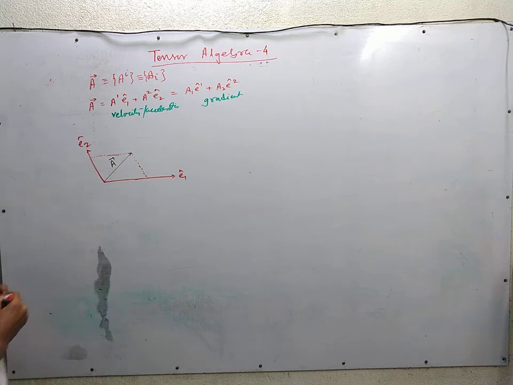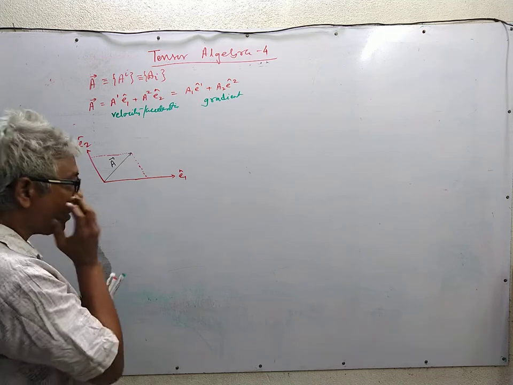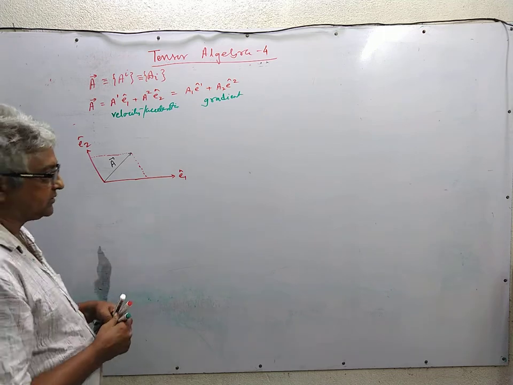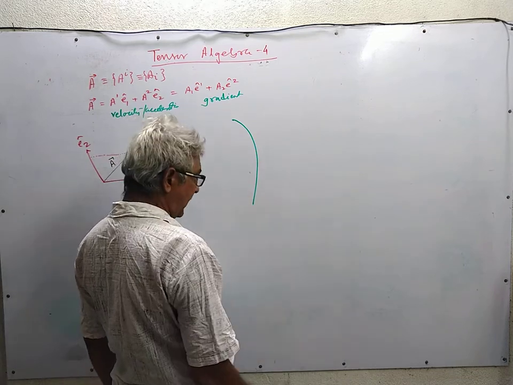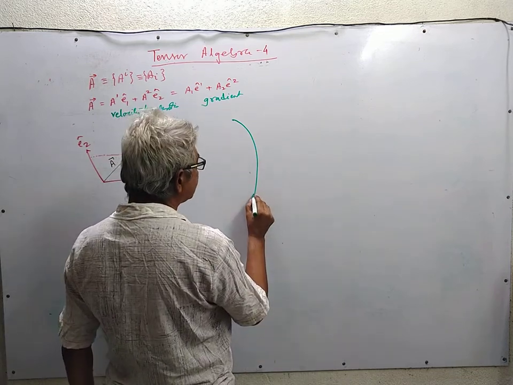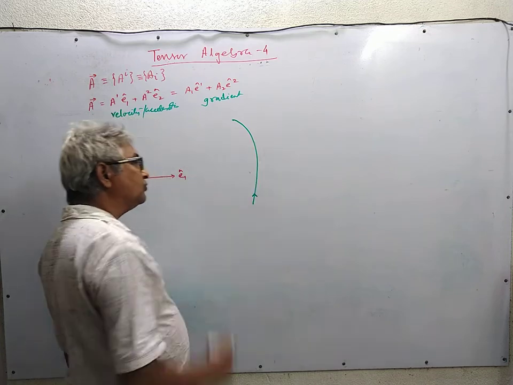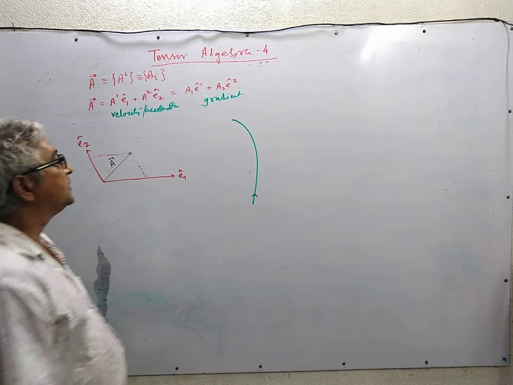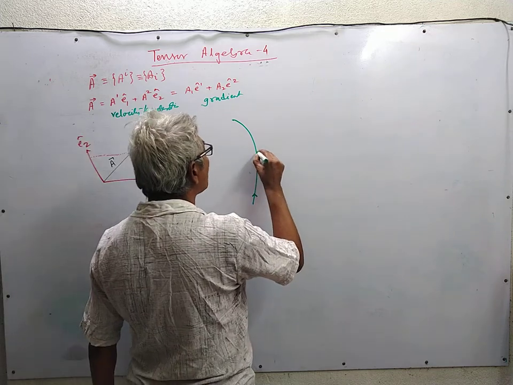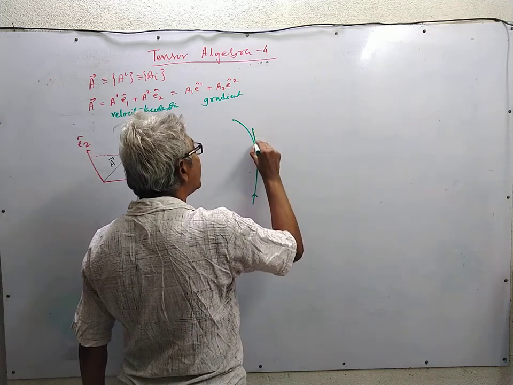We consider a normal basis. If this is the coordinate line, the line along which a particular coordinate, say theta, increases, then at any point we can draw two vectors.